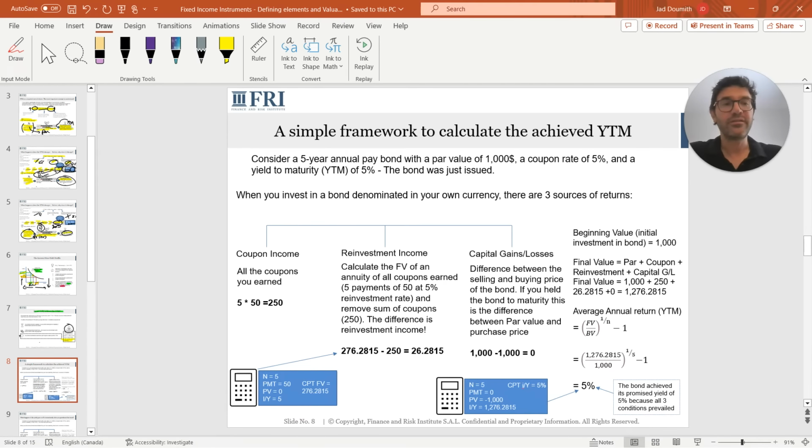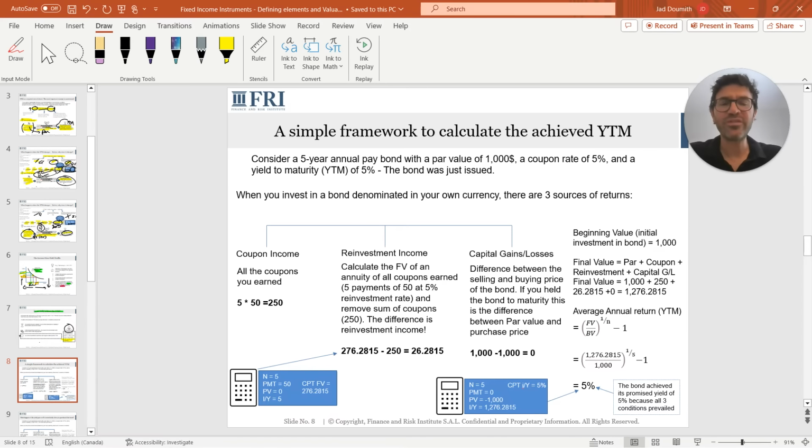In this slide, we will demonstrate that yes, an investor who holds the bond to maturity, earns all the cash flows, and succeeds in reinvesting all the coupons at the promised yield, will achieve the yield to maturity per annum.